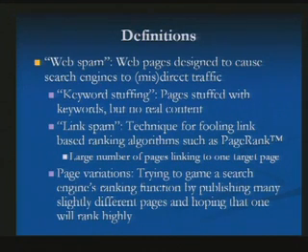So here's some definitions that I'll use in the remainder of the talk. Web spam is web pages that are designed to cause search engines to misdirect traffic from search results to the target site. And there's a few different types of web spam. There's keyword stuffing, where, as we've seen, you have just a set of random keywords but no actual content in a page.